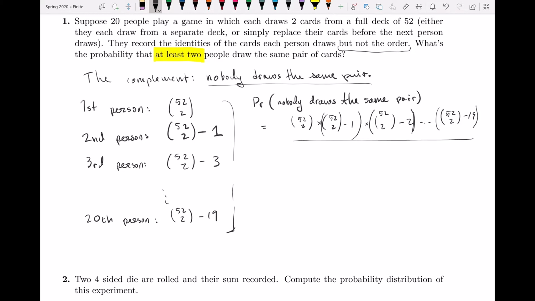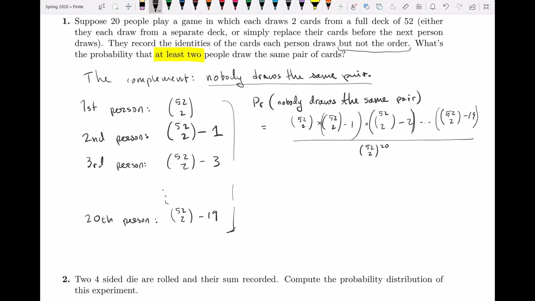And we divide by the number of ways it's possible to draw 20 pairs without any constraints, and that would just be 52 choose 2 to the power of 20, just making that choice 20 times. Okay. So this is 1 minus the probability that we want, since this is the complement of the situation in which at least 2 people have the same.